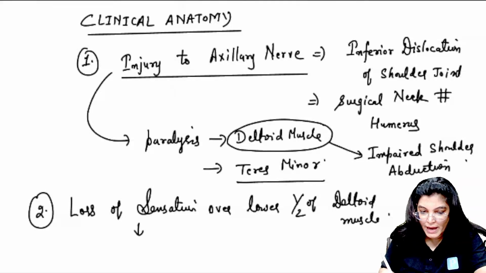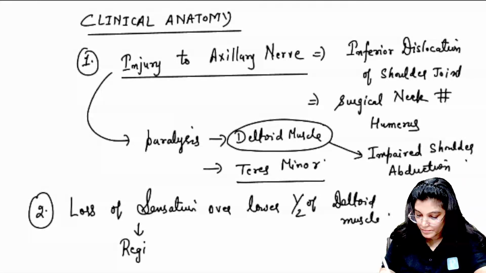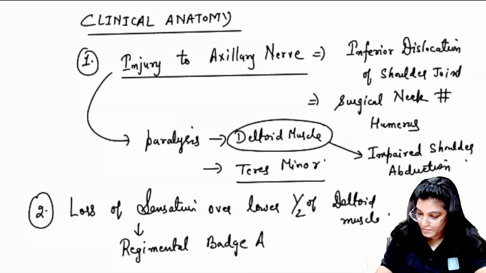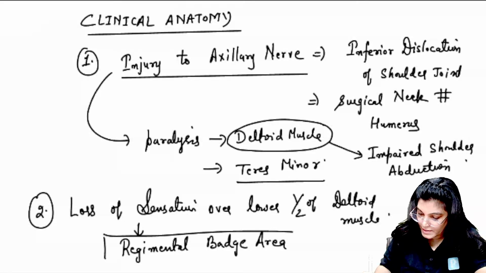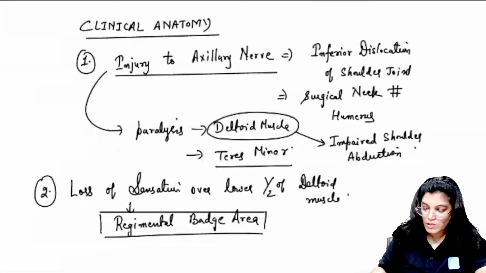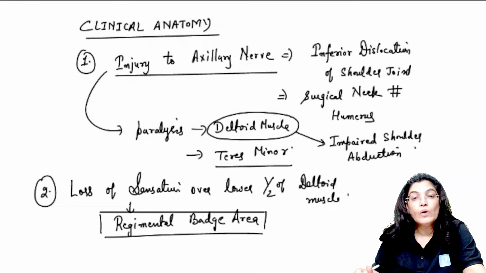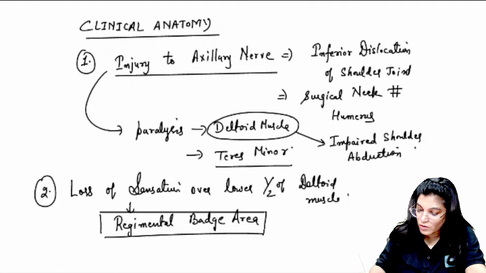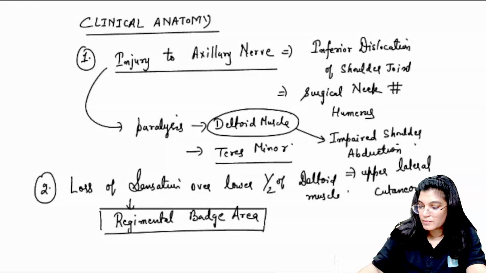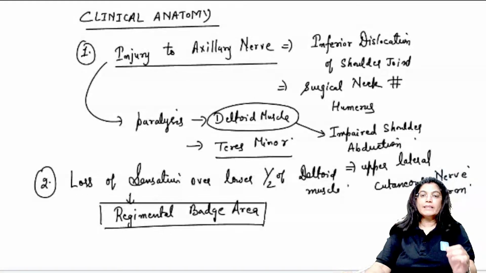This sign is called regimental badge area, because of loss of sensation in the lower half of deltoid muscle due to involvement of upper lateral cutaneous nerve of arm.